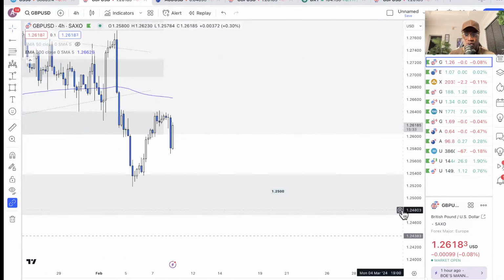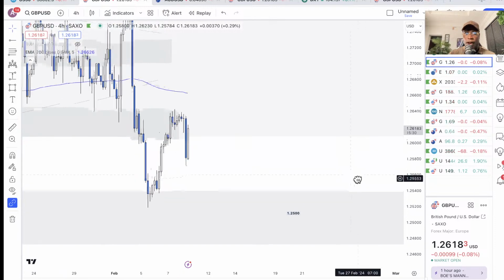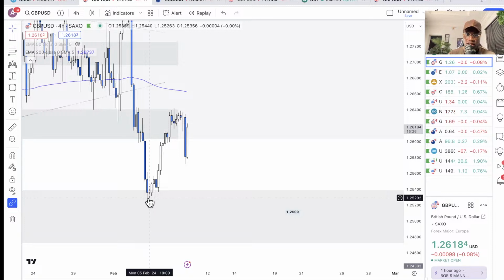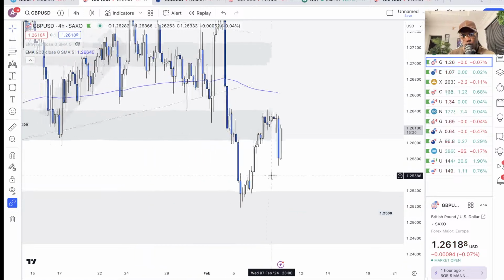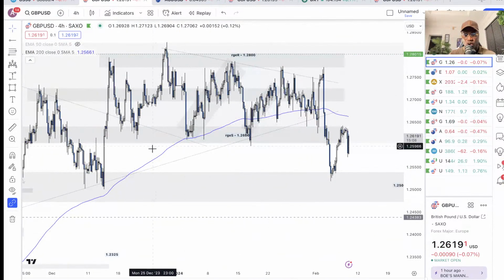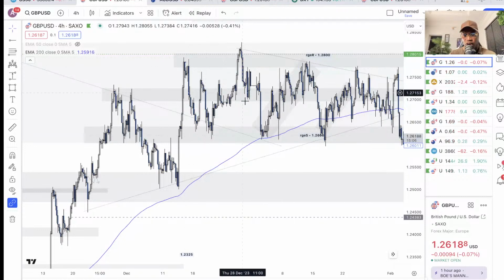So now, looking at what's going on with pound dollar currently, we're seeing rejection at this key level again, that support that we traced all the way back to December. And we have come to make a retest at this previous support that is now serving as resistance. Now, looking at the bigger picture, you'd see that the pound dollar has been moving in what we call a consolidation, right?